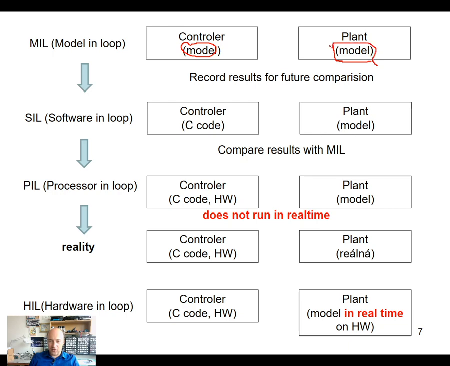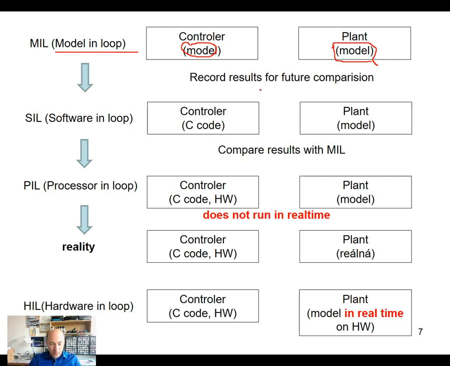So here know that this is a model as well of the plant, and by plant here we mean the actual control system. So the plant, that could be a model of, I don't know, a thermal controller. It could be a model of the combustion engine, or it could be a model of an airplane. Now in this approach, the model in the loop, we run this in simulation.